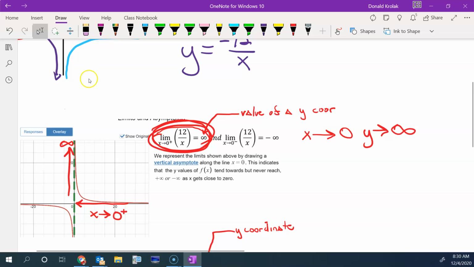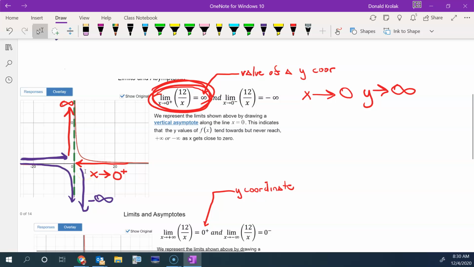The other one means I'm approaching 0 from the left, so that's here in purple. I'm coming in towards 0 from the left, so I'd be on this branch, and as I get close to 0, my y coordinate goes to negative infinity.